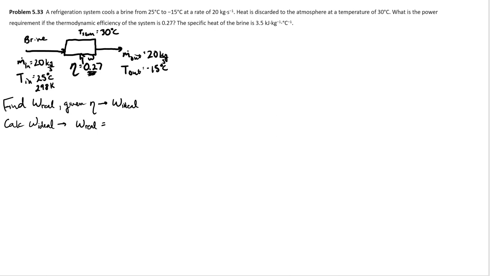Well, where is the work going in this process? And I've drawn it here. But work, what is the power requirement? That means work is going into our system, right? And the reason why work has to go into our system is because we are removing heat and expelling it to a higher temperature, right?